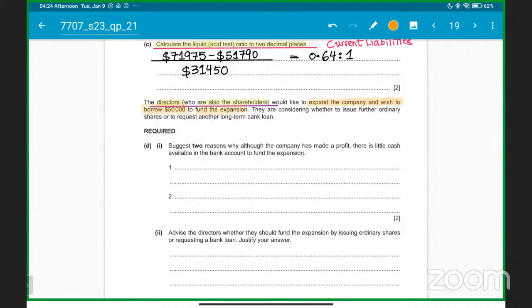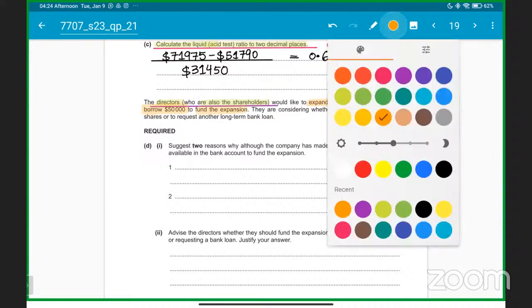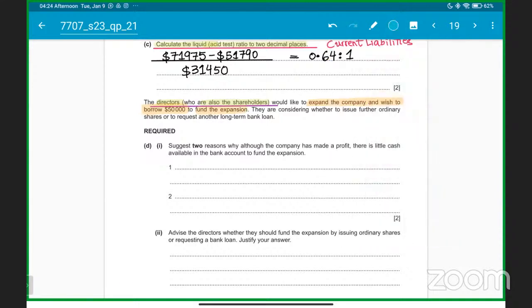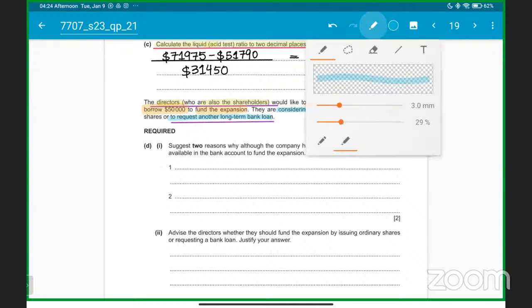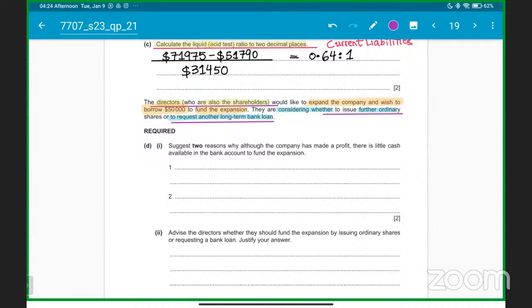They are considering whether to issue further ordinary shares or to request another long-term bank loan. Okay, is everyone with me? Getting it clear? Following? Understood?